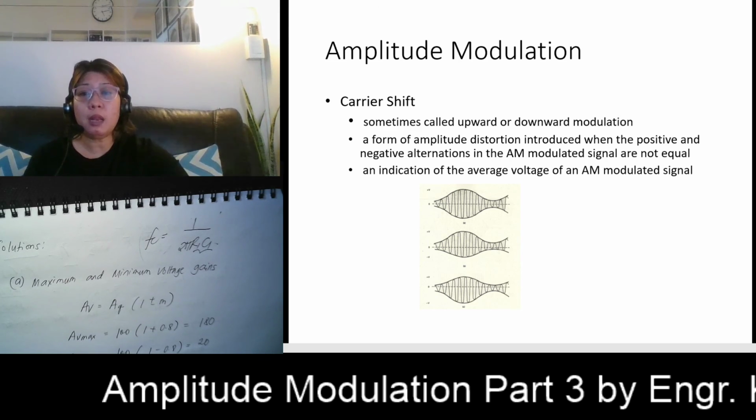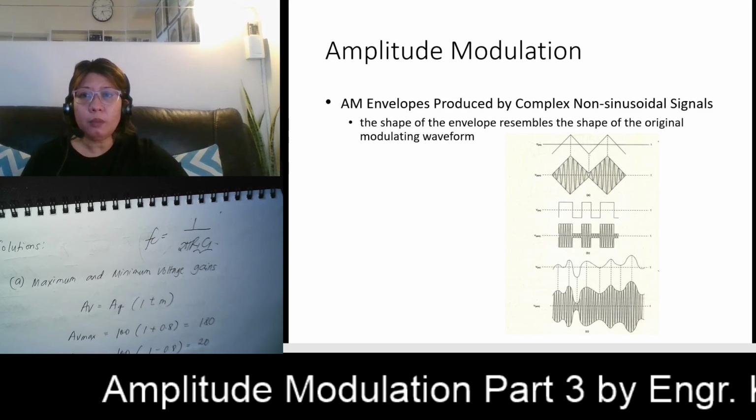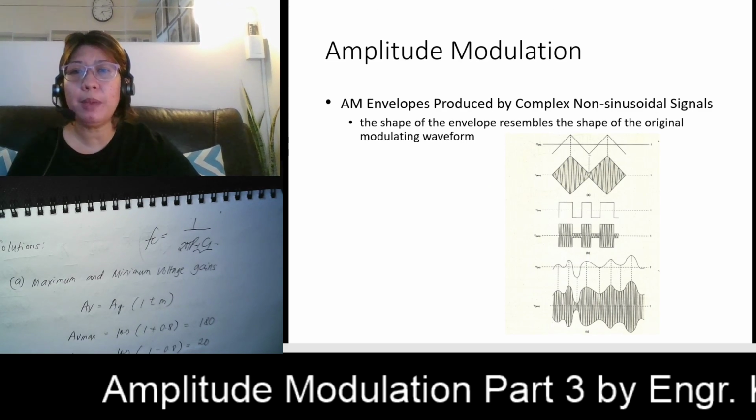And finally, for letter C, this is a negative carrier shift. Why? Because the negative alternation amplitude is greater than the positive alternation amplitude. If we get the average voltage here, we have an average voltage that is equivalent to a negative value. Lastly, we have an AM envelope.